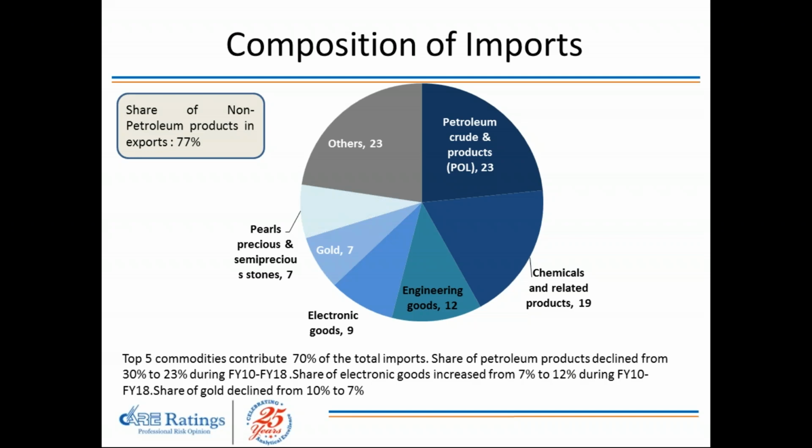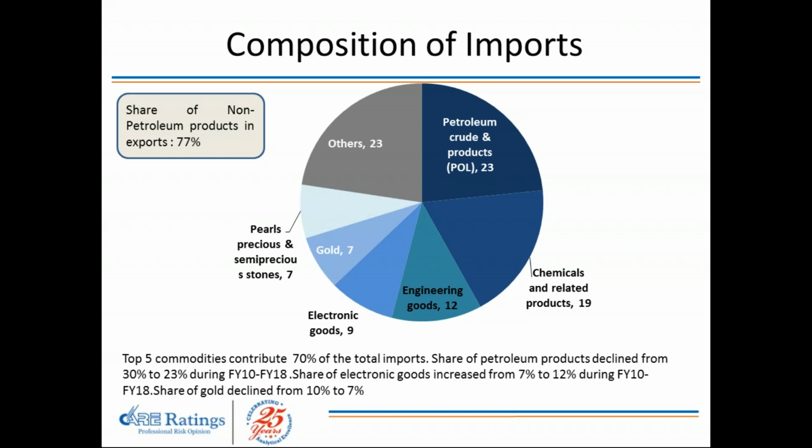Although petroleum products form the largest part of the imports, its share has declined from 30% to 23% during FY10 to FY18. Likewise, the share of gold in our total imports has declined from 10% to 7% during this period. On the other hand, there has been an increase in the share of electronic goods from 7% to 12% during this period.